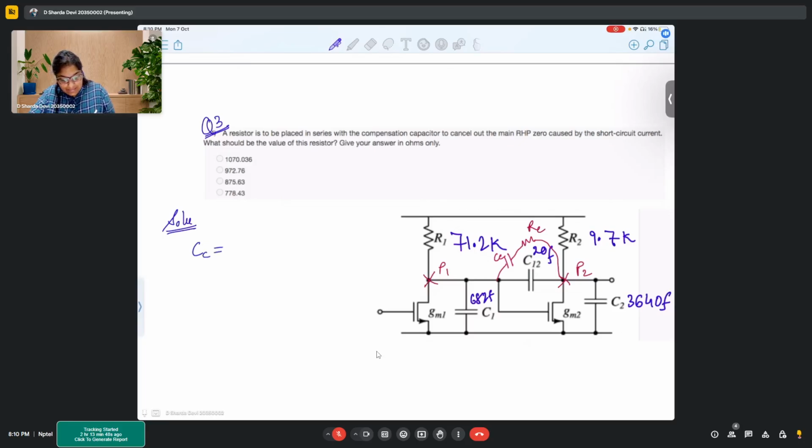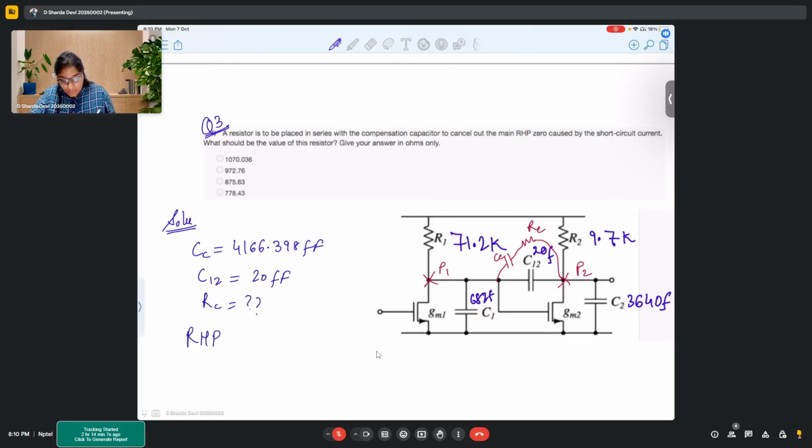So CC is 4166.398 femtofarad. From the last question, this was 20 femtofarad. RC is something that we need to find out.